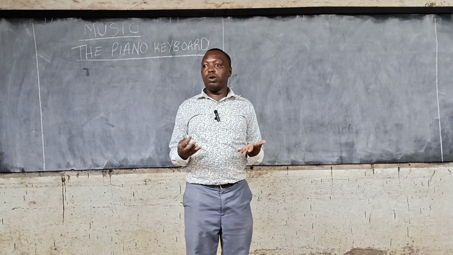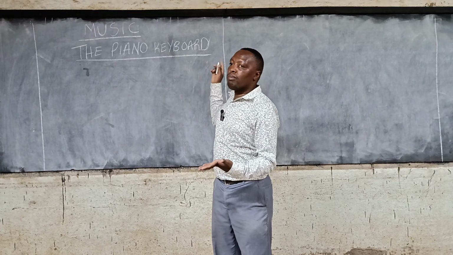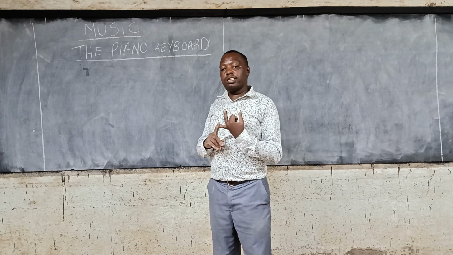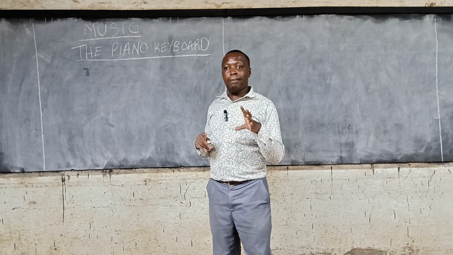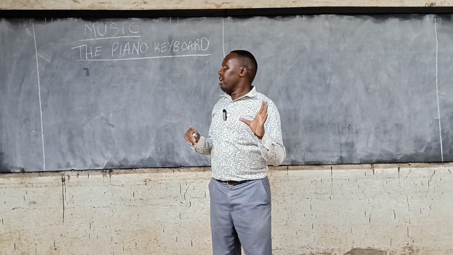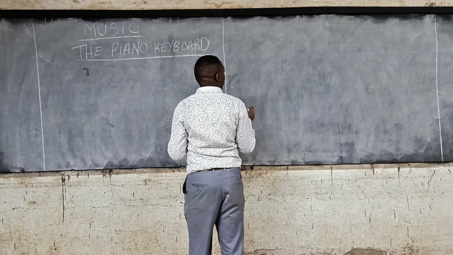At this point, we are going to deal with the piano keyboard. We are going to draw it and identify some keys so that we can see practically what's going to happen. Now I'm going to draw a piano here.